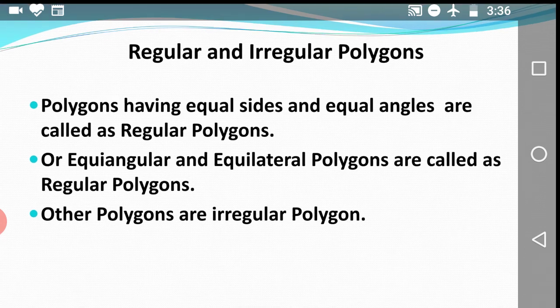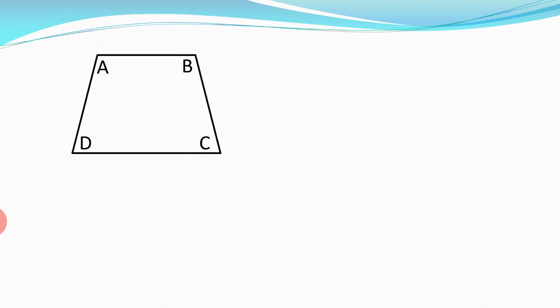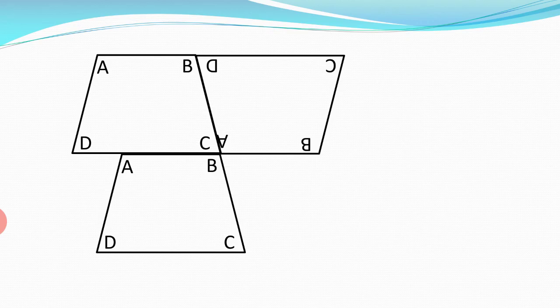Is it clear, children? Now I have drawn a polygon here and I have taken 4 equal copies of the quadrilateral. So what I am going to do is arrange them in a proper way. I'll arrange the first quadrilateral, then second, then third, and then fourth.